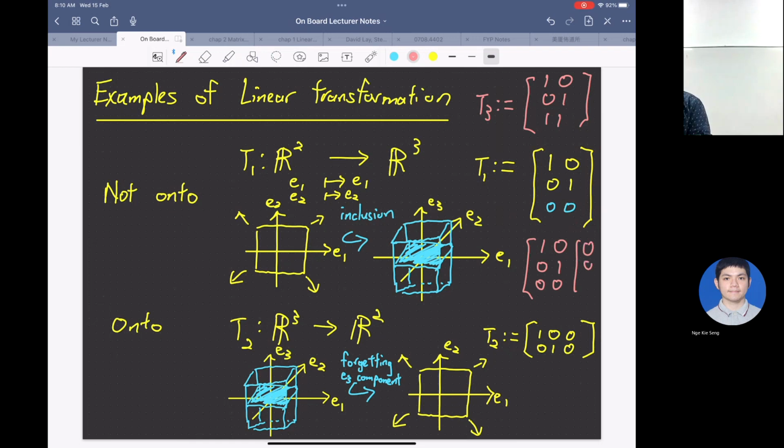What solution do you get from this augmented matrix?